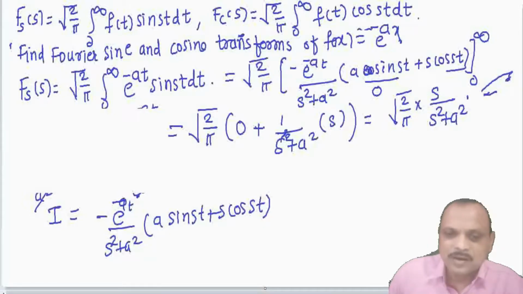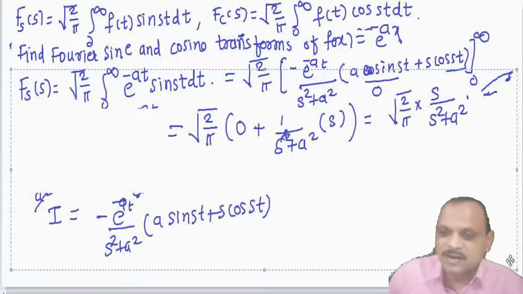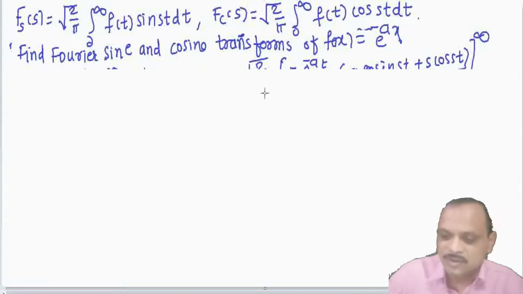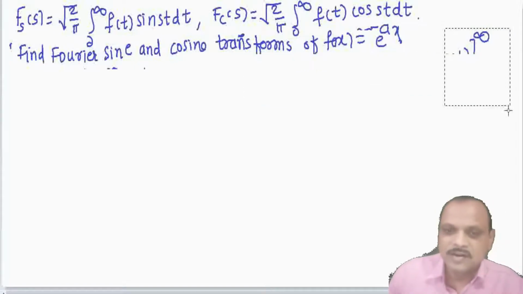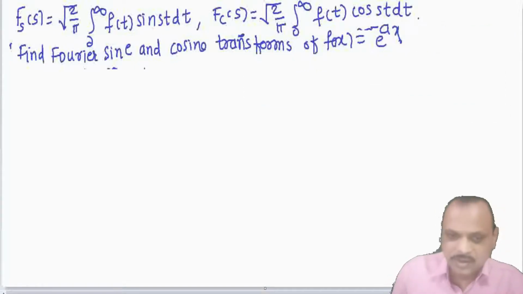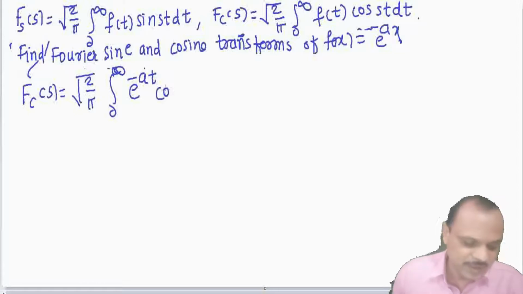Now let us see the Fourier cosine transform. Here we write the integral directly for the Fourier cosine. You can evaluate that integral, but it is time consuming, so I would like to omit that. The Fourier cosine integral equals under root 2 divided by pi integration 0 to infinity e raised to minus at into cos of st into dt.